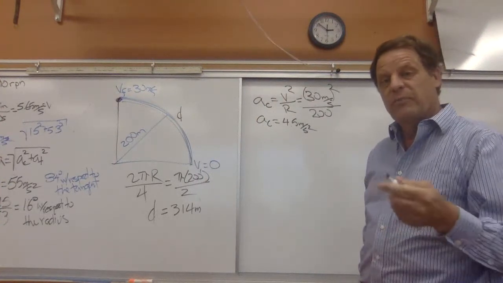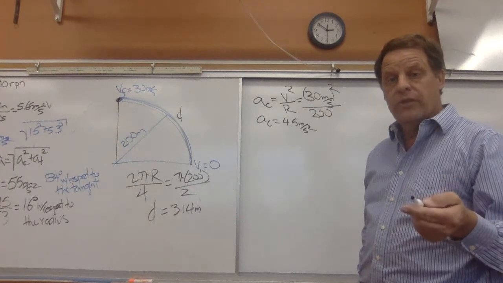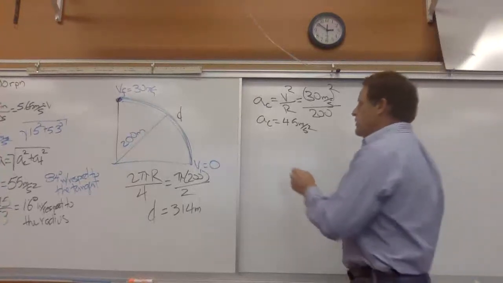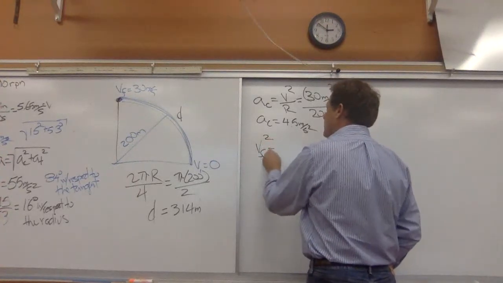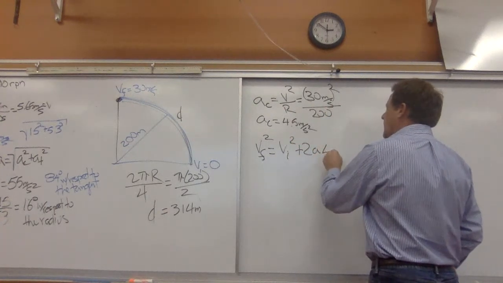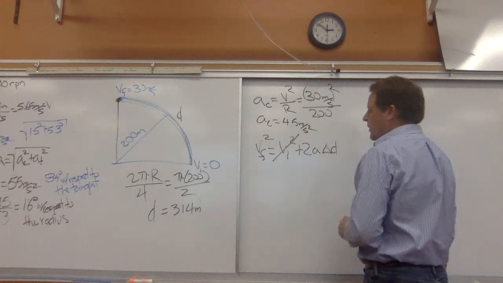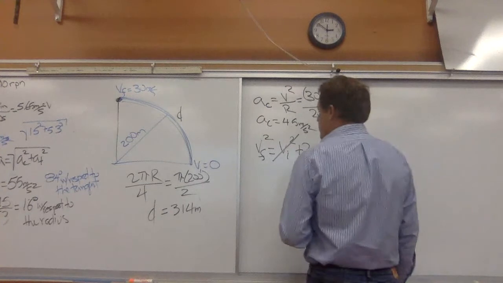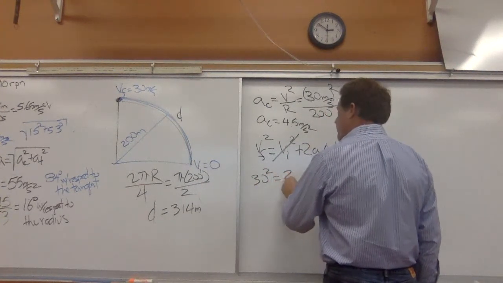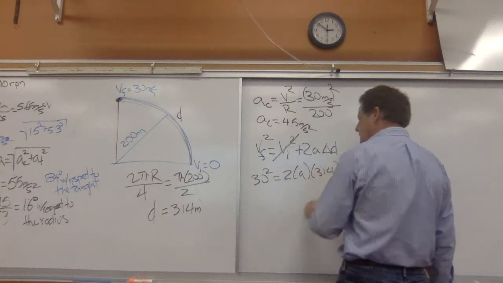And we are going to determine that acceleration using kinematic equation number 4, which is v final squared is equal to v initial squared plus 2a delta d, or the displacement. Our initial velocity is going to go away, and we get 30 squared is equal to 2 times a times 314.